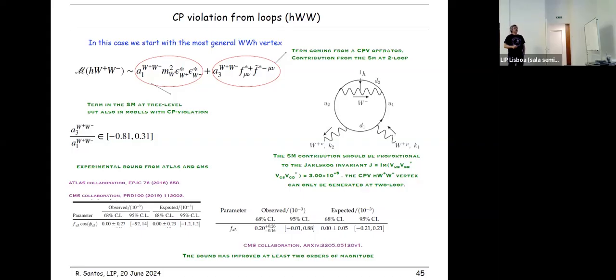This is what we have now from the measurements. This is from 2016, 2019, and there's one from 22. And these are the numbers, so these are the latest numbers. They are of the order of this times 10 to the minus 3. So let's say 10 to the minus 4 at most, the present reach.